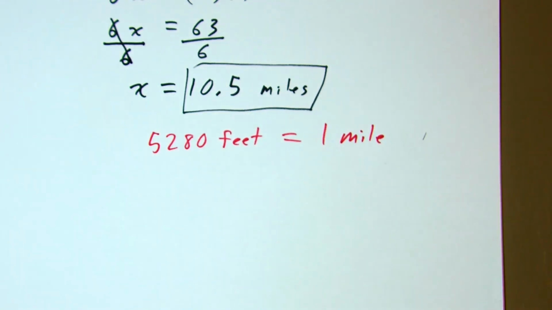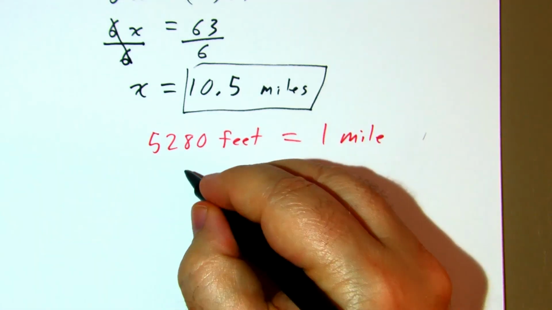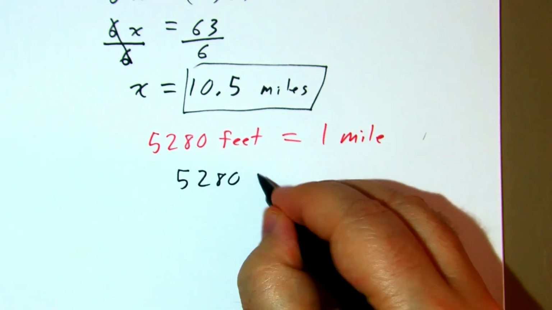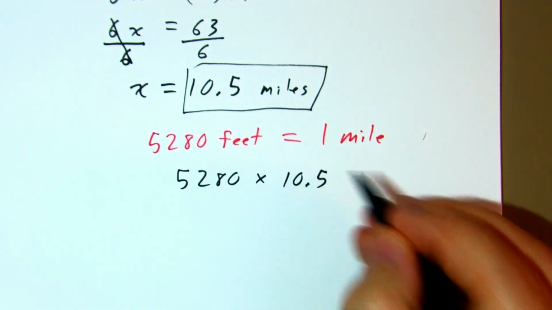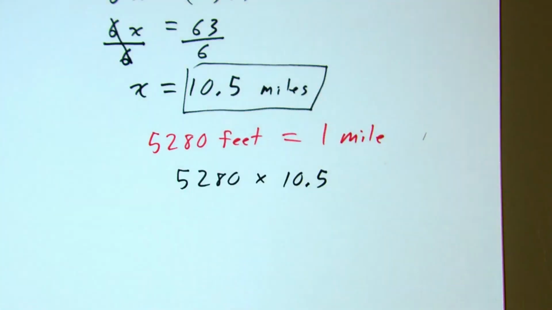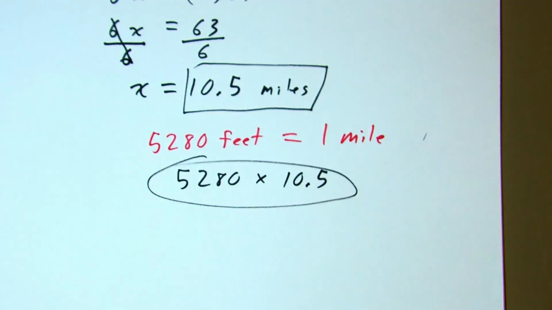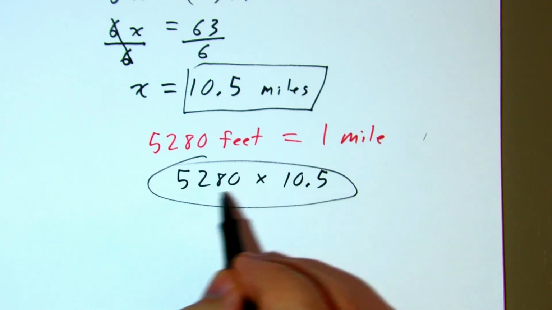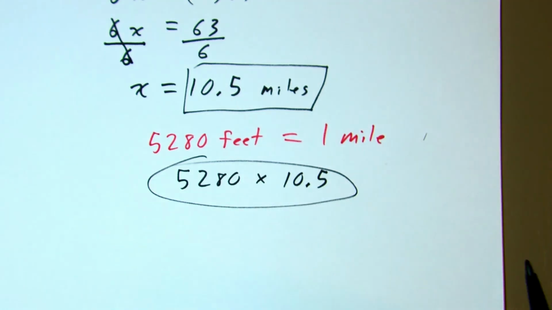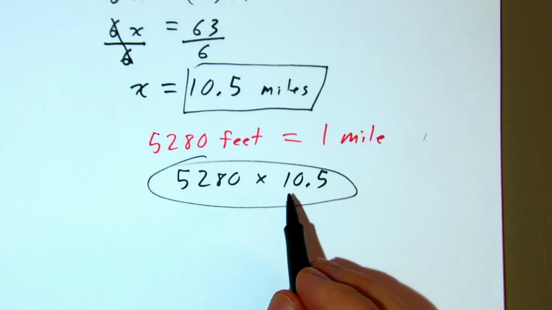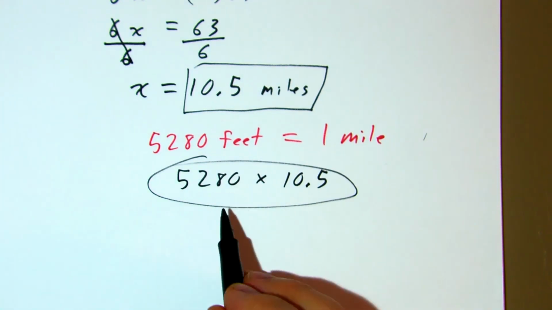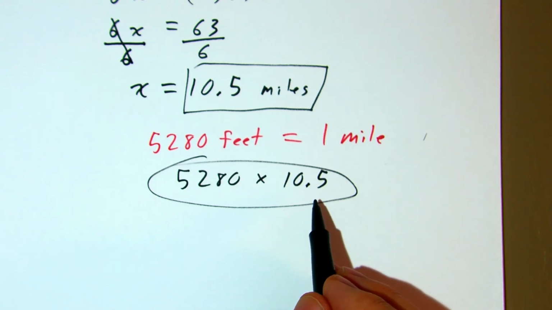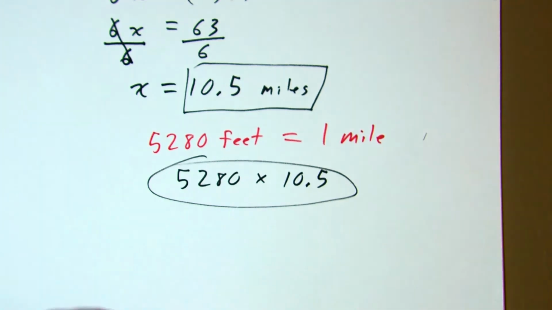Well, how many miles did we hike? We hiked, and when I say we, it's somebody in the question, but I'm pretending I did this. Isn't this what we've got to do? We've got to take the number of miles times the conversion factor. I kind of wrote it backwards. I normally would write it the other direction, but if you take the number of feet in a single mile times the number of miles that you traveled, then you've got to grab a calculator because this is too much for my mere mortal brain.